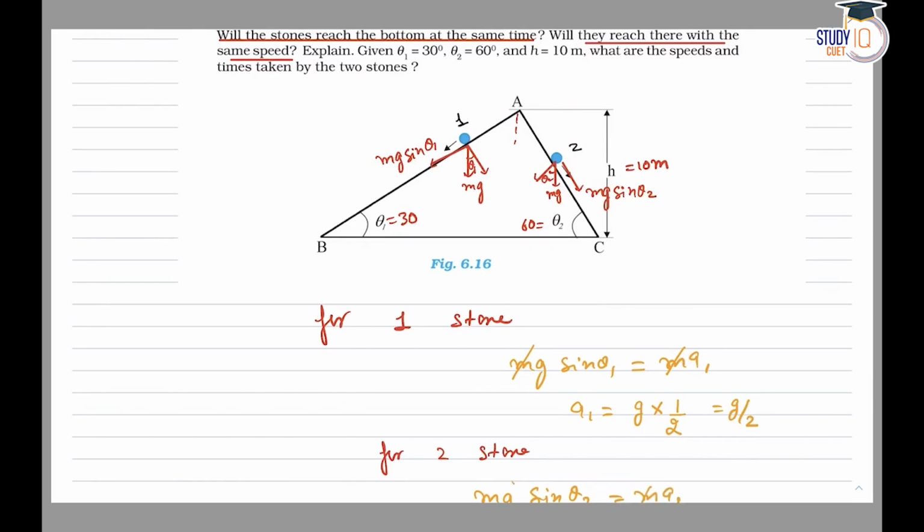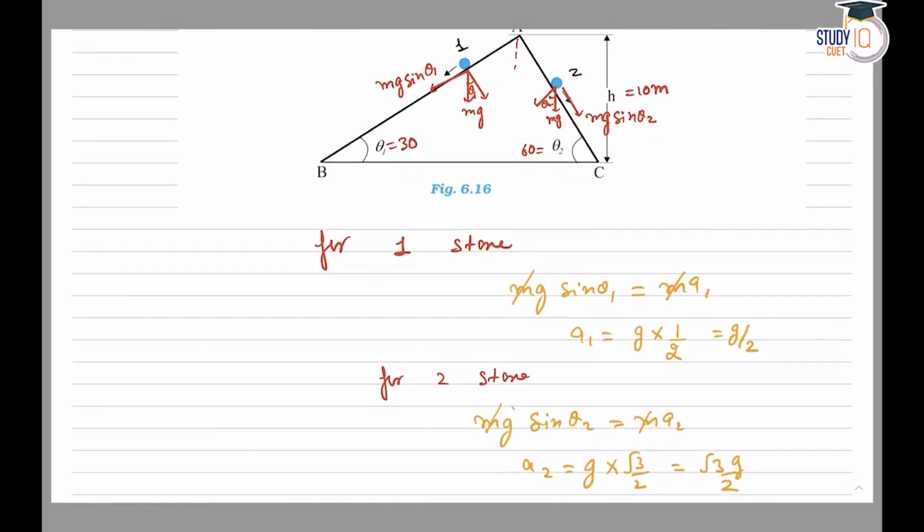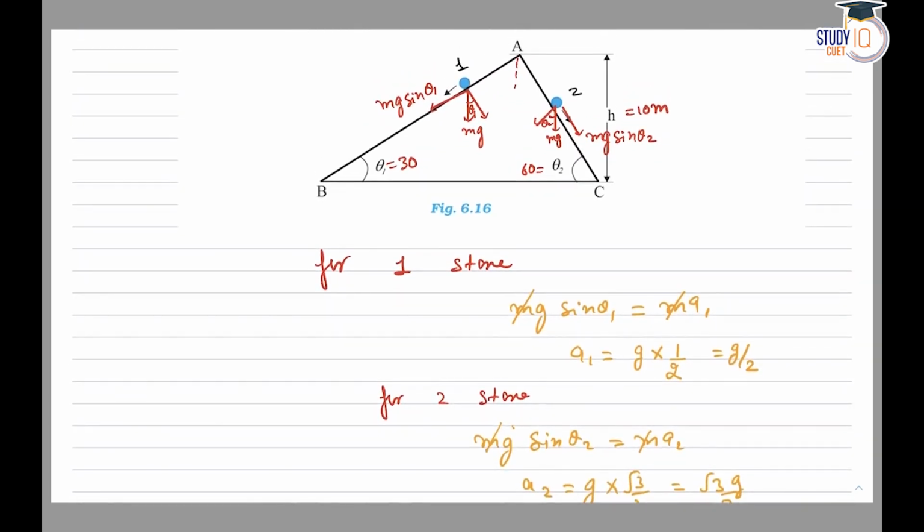From this we can find a2 equals g sin theta2, where theta2 is 60. Sin 60 can be written as root 3 by 2. So the value of a2 comes out to be root 3 into g by 2. So a1 is the acceleration of the first stone along the incline, and a2 is the acceleration of the second stone along the incline.